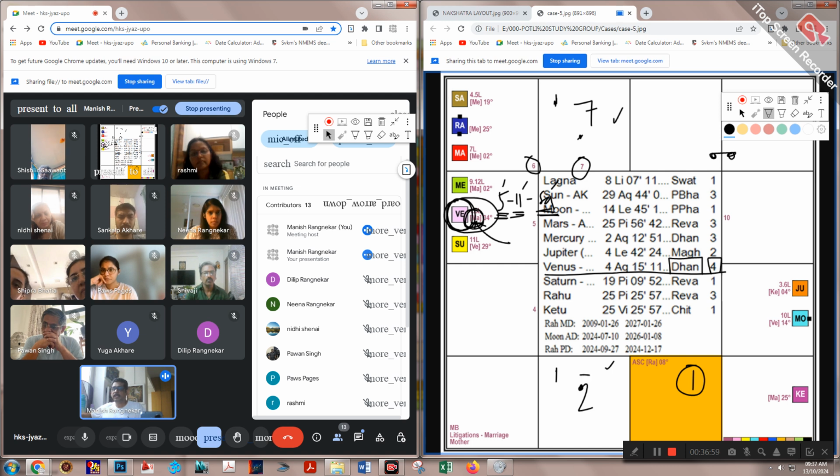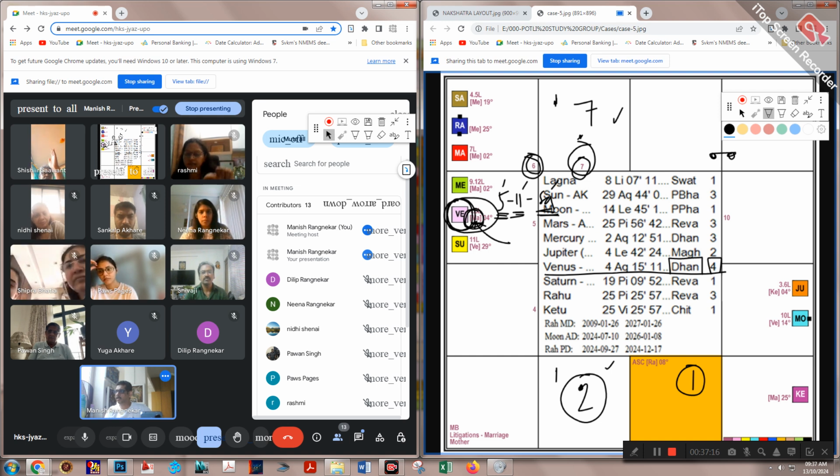In this chart, it is ruling over the second house, addition to family, also marriage, and the seventh house, which is marriage, and seated in the sixth house of dispute. Now tell me, how would this fellow's married life be? Can somebody tell me? Good or bad? Bad, obviously, no? Quarrels? Disputed. Correct. This is how you go.